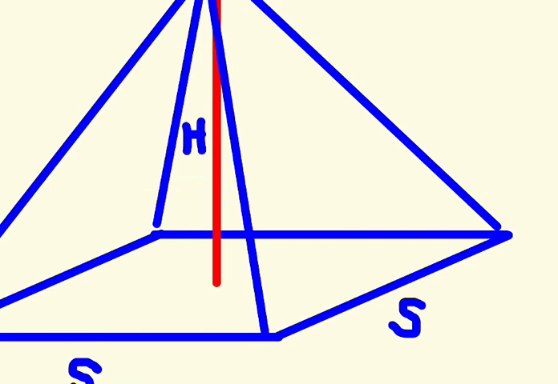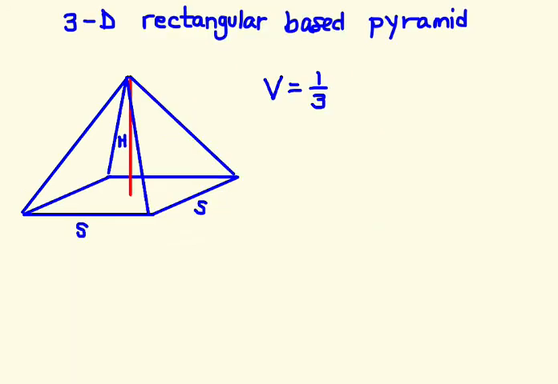And so if it's a right rectangular solid, it's base times height, so it's s squared times h.